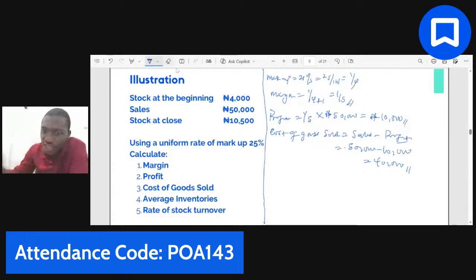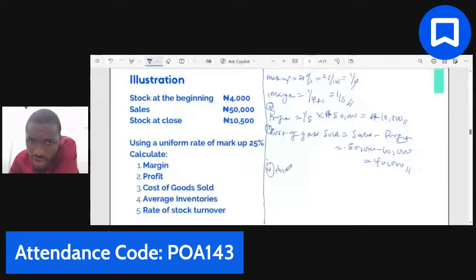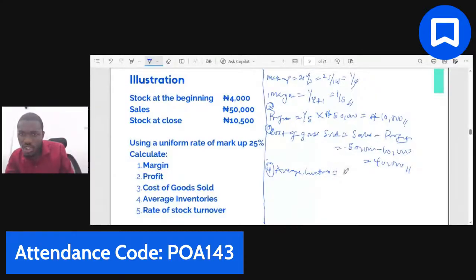All right. Then average inventory. Let me say this is number 4. Average inventory is same thing as average stock, equals to opening stock, that's 4,000 naira, plus closing stock, that's 10,500 naira, divided by 2.